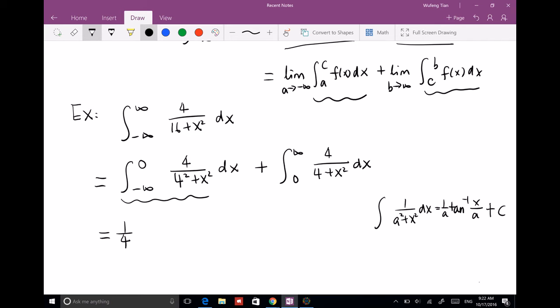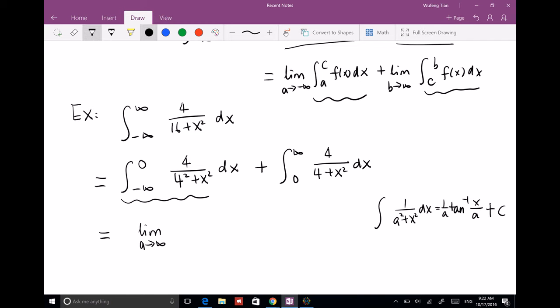Okay, but you need a limit for the lower boundary, right? Yeah, you have the 1 over 4. Wait, it's not 1 over. So you have the 4 on the top, the numerator, and you can take it out.